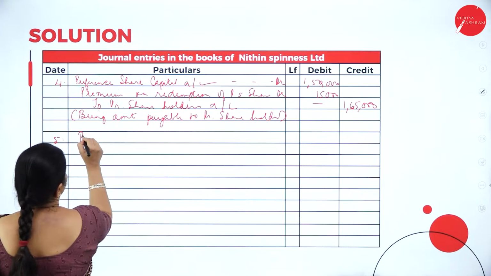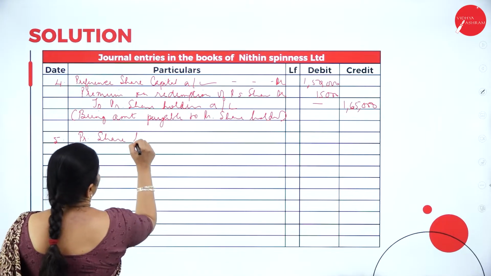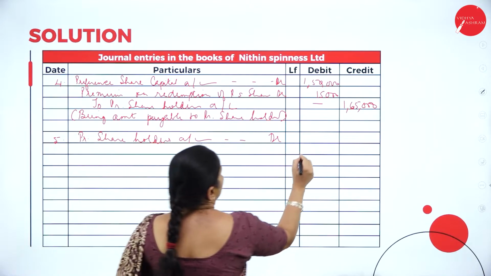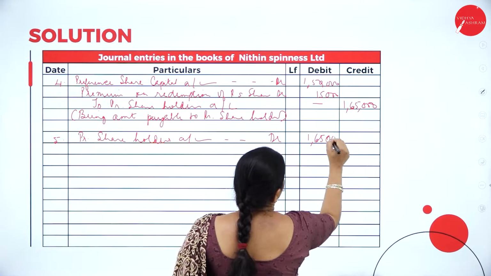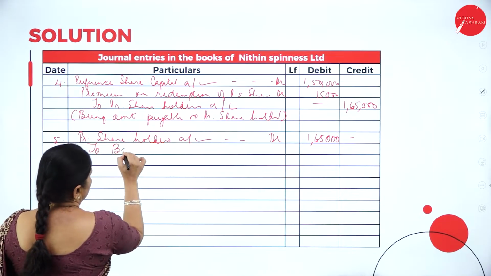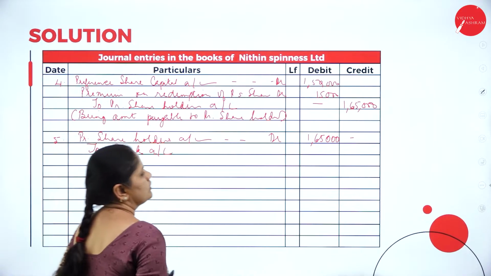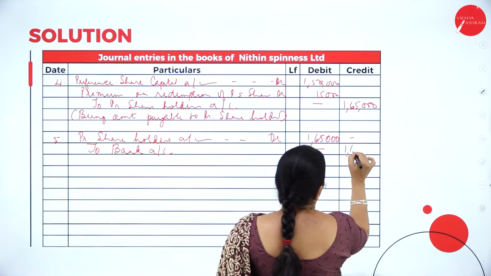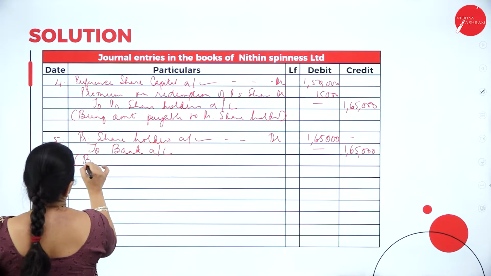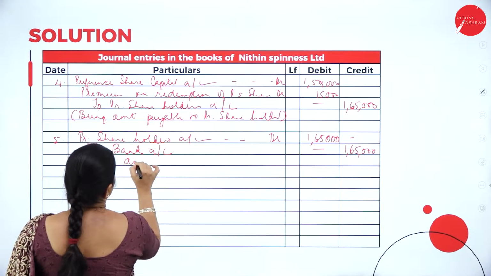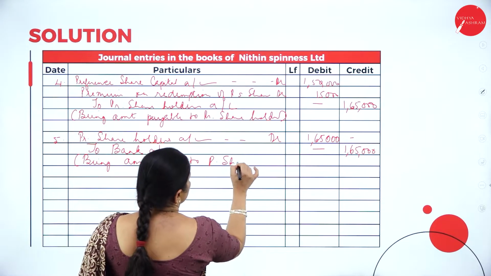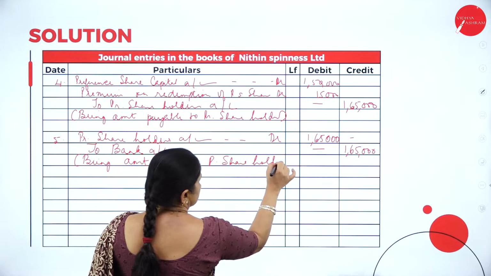We write preference shareholders account debtor 1,65,000 to bank account 1,65,000, being amount paid to preference shareholders.